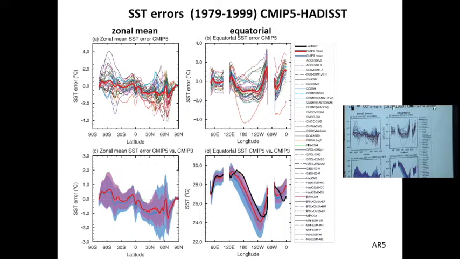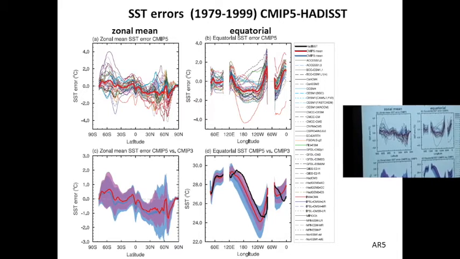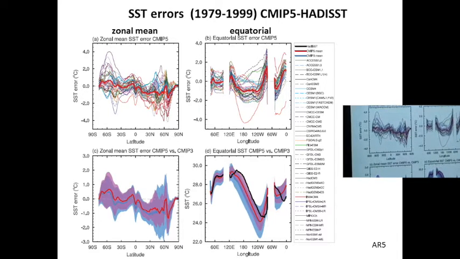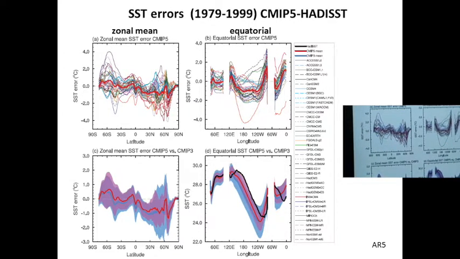And this is something we need to think about when we analyze the projections, because we will see that the projections give higher temperature in the ocean and everywhere for the future.